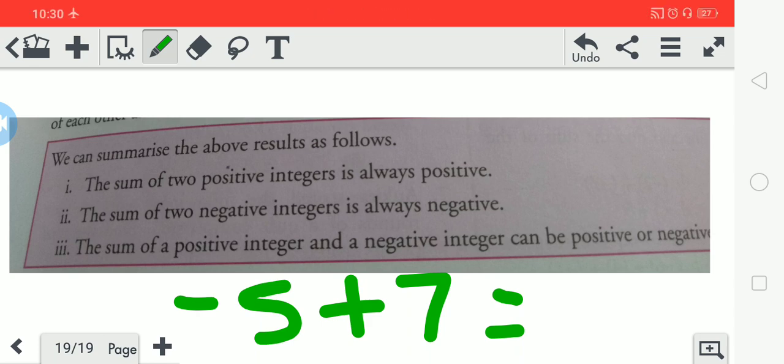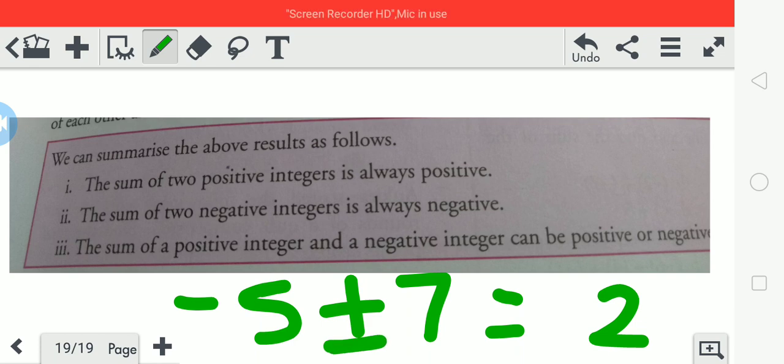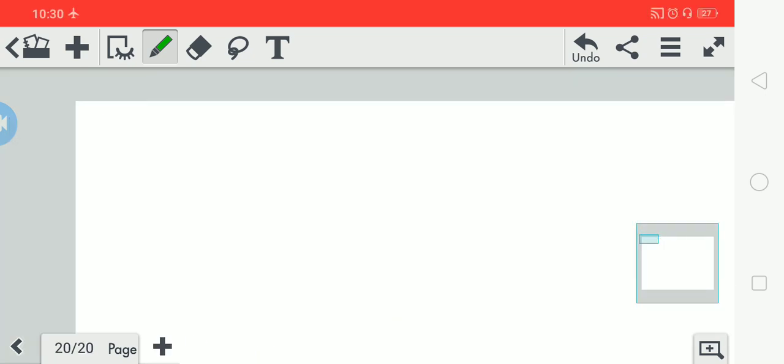So 7 minus 5, that is 2, and the greater number is 7, its sign is plus, so put a plus sign here. So your answer is positive here. This is the third rule: the sum of a positive integer and a negative integer can be positive or negative. We have seen the three rules. These three rules are very important, especially the last one.